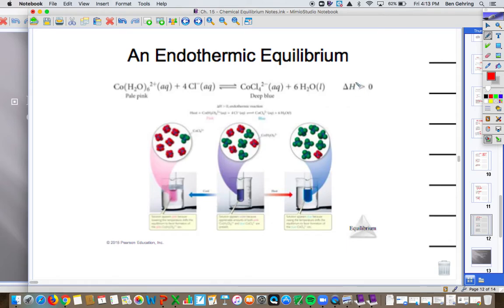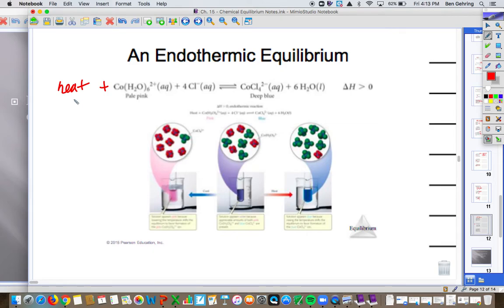Now, because delta H is greater than 0, my change in energy is greater than 0. That means I'm gaining energy, so I would add plus heat on this side. So heat plus your cobalt and your chloride produces cobalt 4 chloride and cobalt 2 chloride, and 6 waters. Okay? So I can treat heat just like the rest of it.